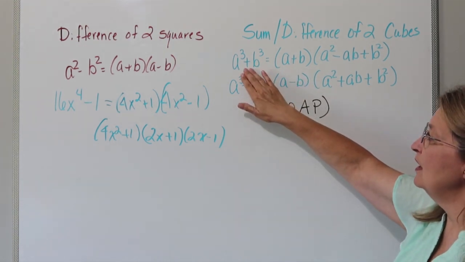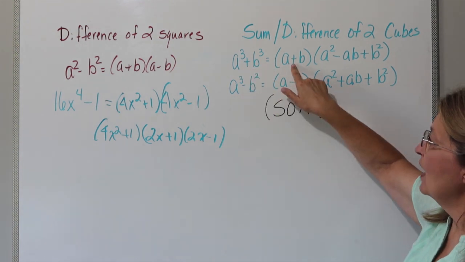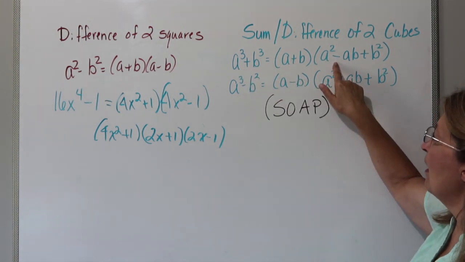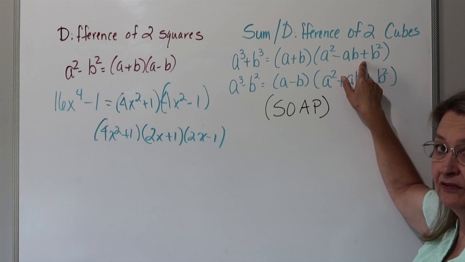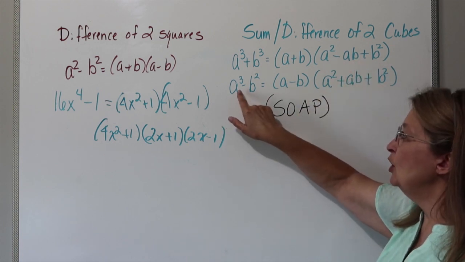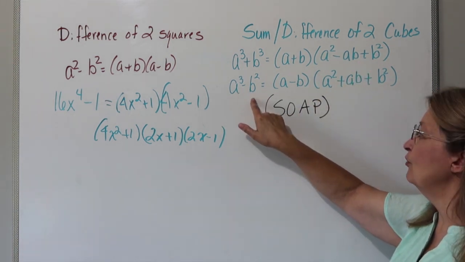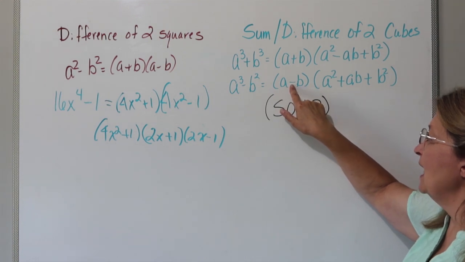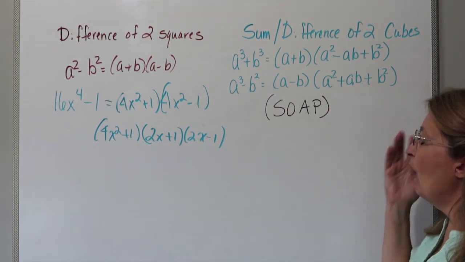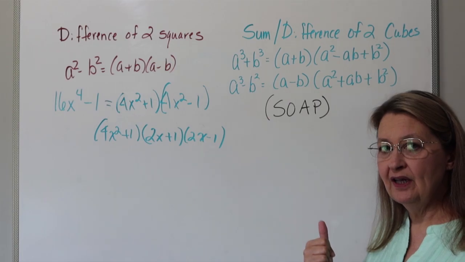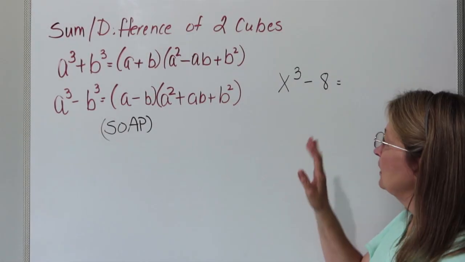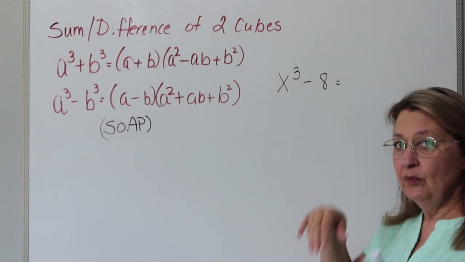If you start with a cubed plus b cubed, your sign is the same, it is opposite, it is always positive. If you have a cubed minus b cubed in your formula, you're going to have the same, the opposite, always positive. So let's look at an example. Let's take x cubed minus 8, and we need to factor it.